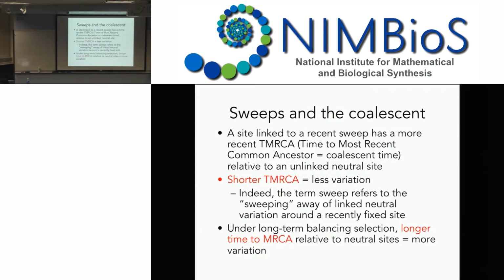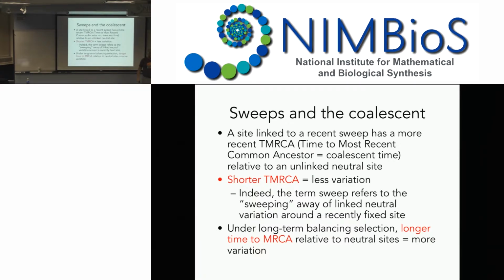So let's then talk, first of all, about what a sweep does on the pattern of ancestry, that coalescent structure. So a key concept is TMRCA, time to most recent common ancestor. And it's something that means if I take a sample, how long do I have to go back to a common ancestor? If that sample is generated by drift, I have a certain time to go back because it takes 4N generations to do that.